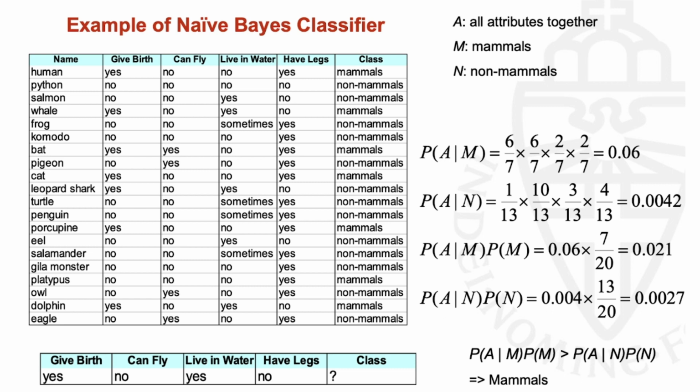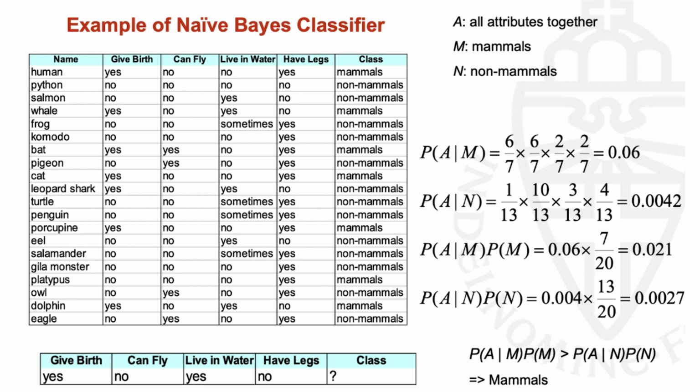Now, before I get to counting and calculating, can somebody tell me why there is the naive in the name of this classifier? Why it's called the naive Bayes classifier, not just Bayes classifier? Does anybody know? Any ideas? Because it's simplified. Okay, and how is it simplified?